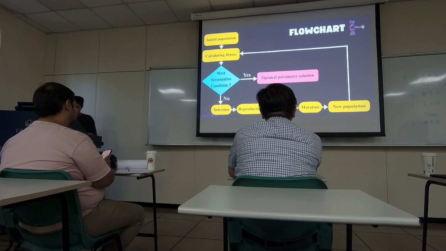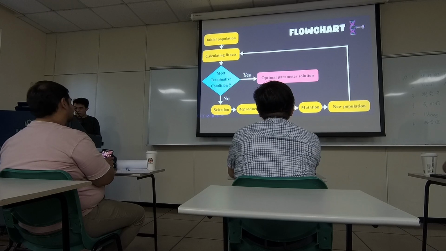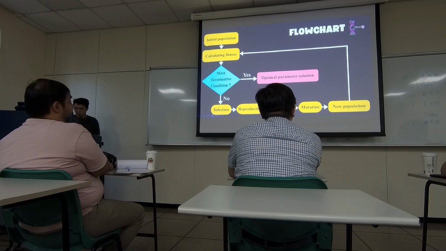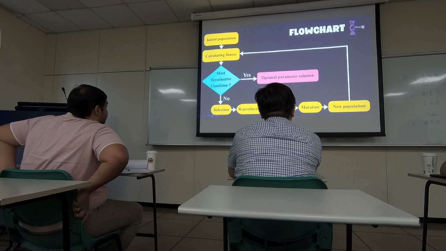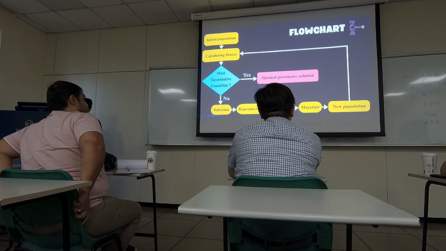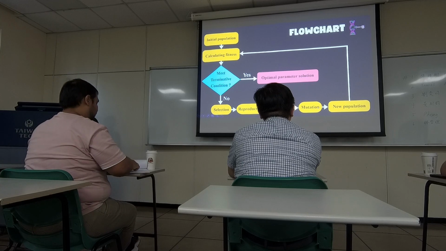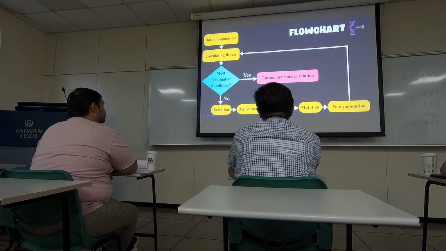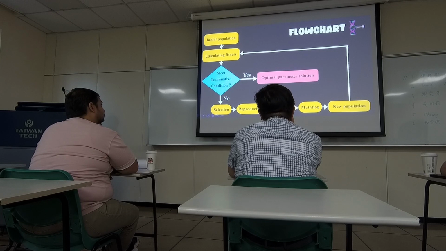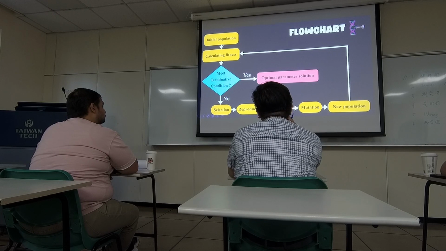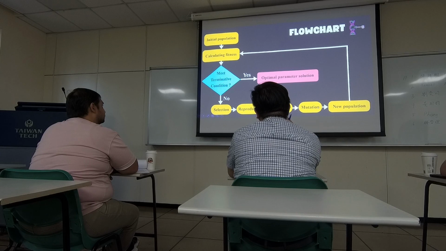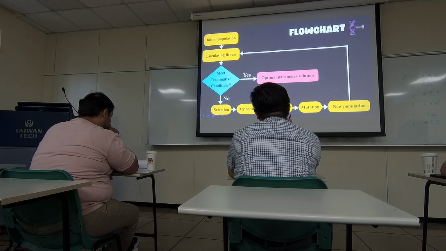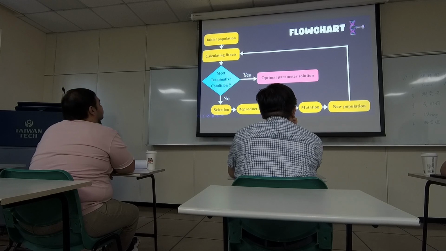If a probability value is less than the mutation rate, the mutation randomly selects a bit from the chromosome and flips it from 0 to 1 or from 1 to 0. And finally, obtain a new population and return to the step of calculating fitness for the new chromosomes.